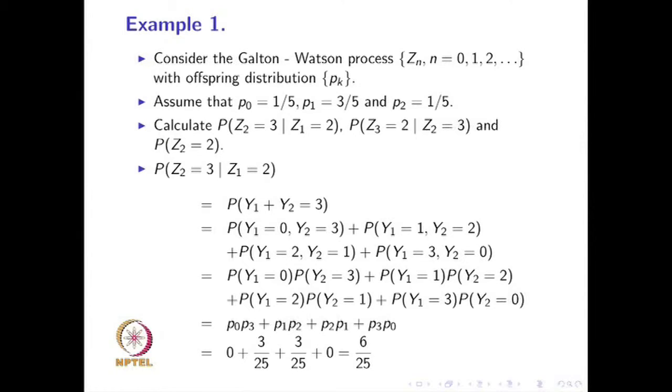Since the Yi's are IID random variables, you can write this as the probability of Y1 equal to 0 times the probability of Y2 equal to 3, and so on.